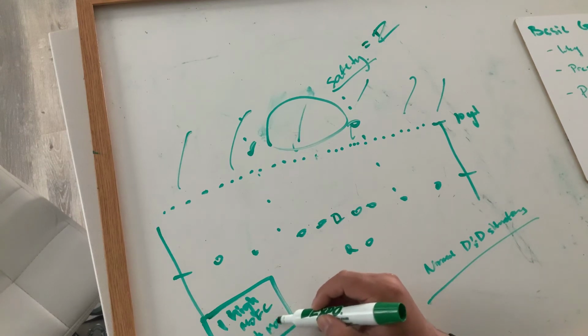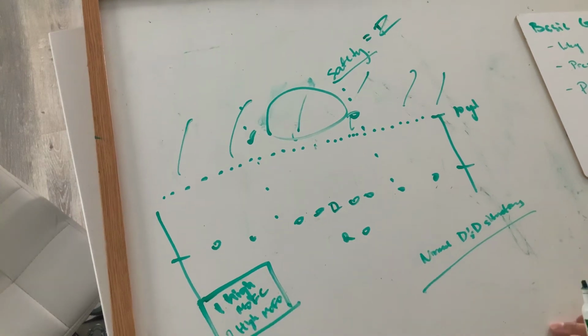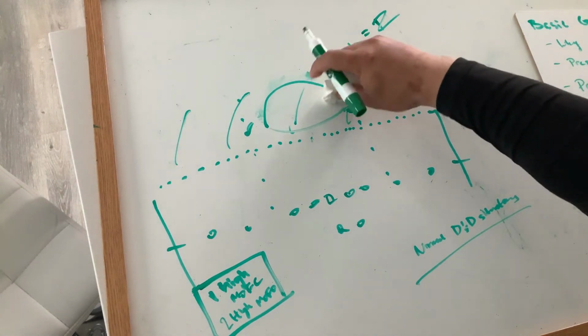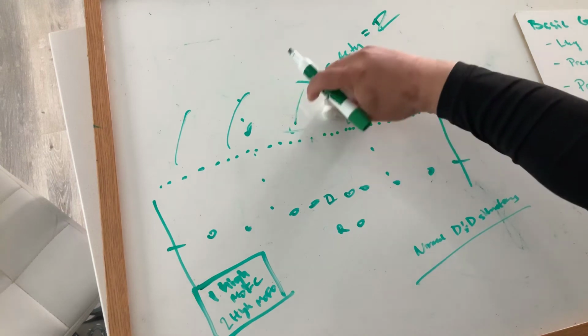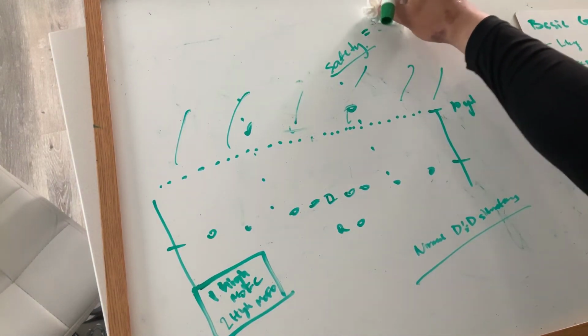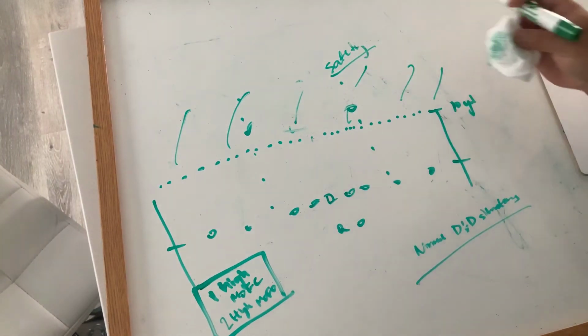And of course, I left myself no room to write, so it's over here down in the corner. So again, let's count the safeties. There might be two, there might be one, but generally pre-snap, counting these safeties is going to give us a good indication of what the coverage is going to be. So we talked about safeties.